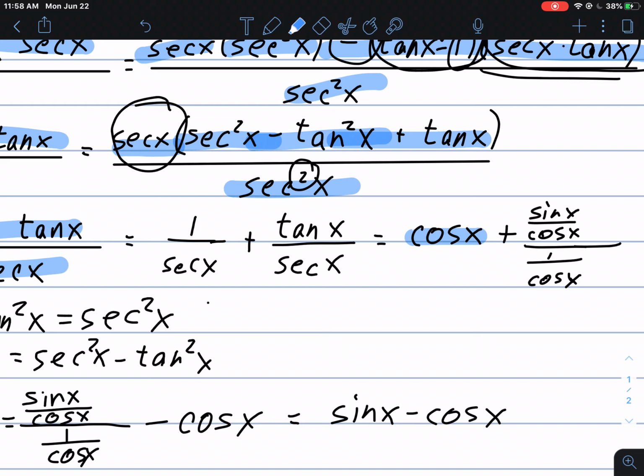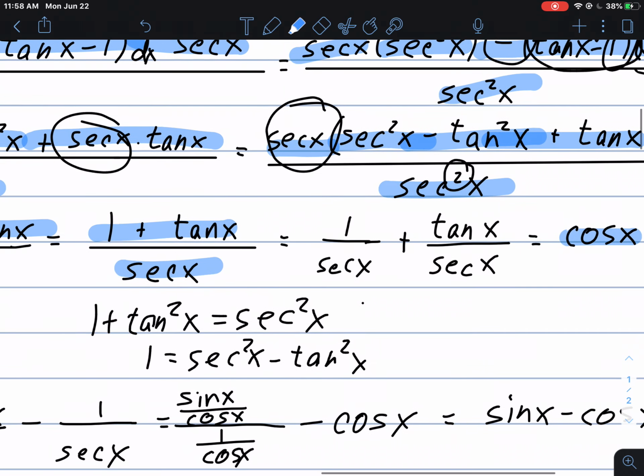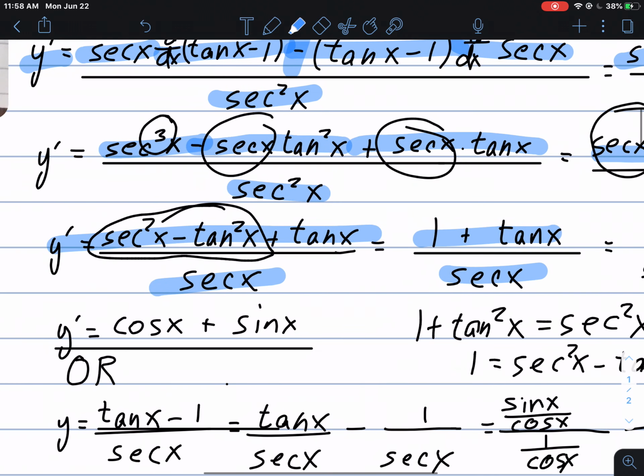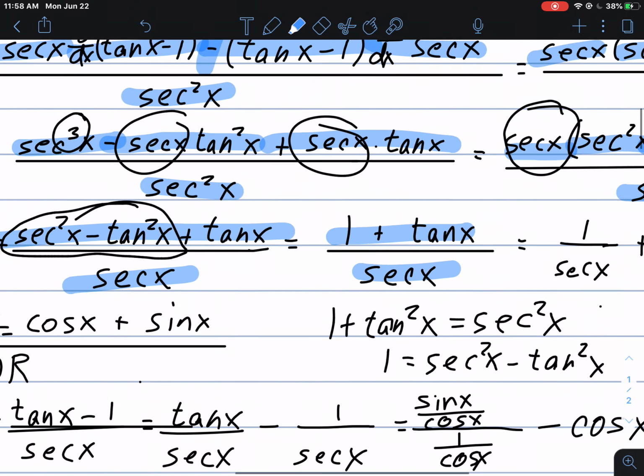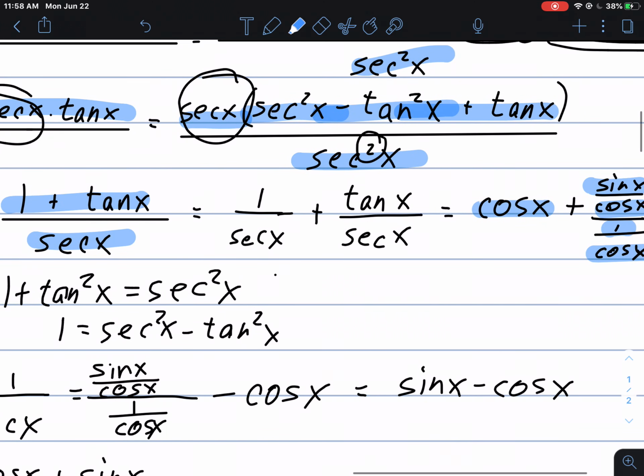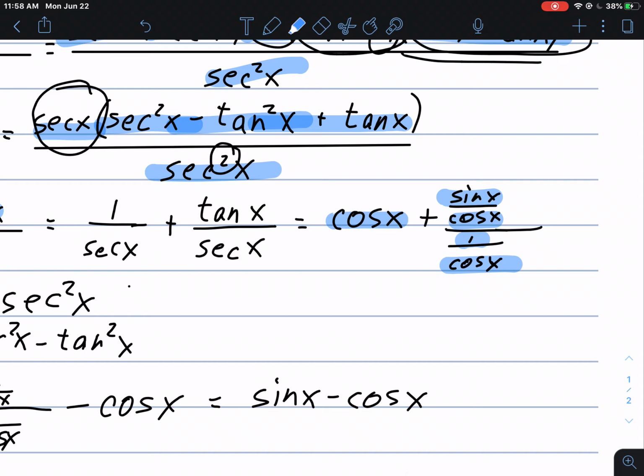And then I rewrote tangent as sine over cosine, and I rewrote the secant as 1 over cosine, because notice I could then simplify sine over cosine times the reciprocal times cosine. That'll leave us with just sine. And so after all is said and done, and I do all the simplification here, let me write this because I skipped that step.